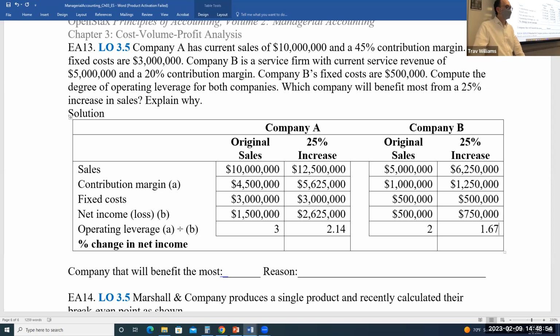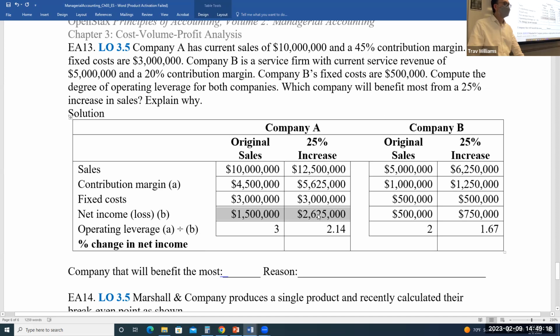So both companies had a 25% increase in sales. For company A, that resulted in net income going up 1,125,000, right? That's the difference between the two.